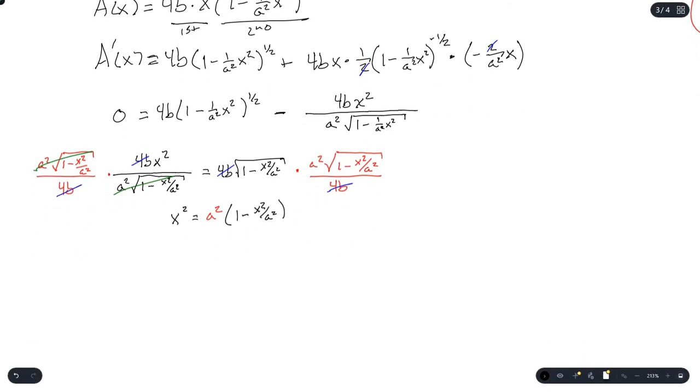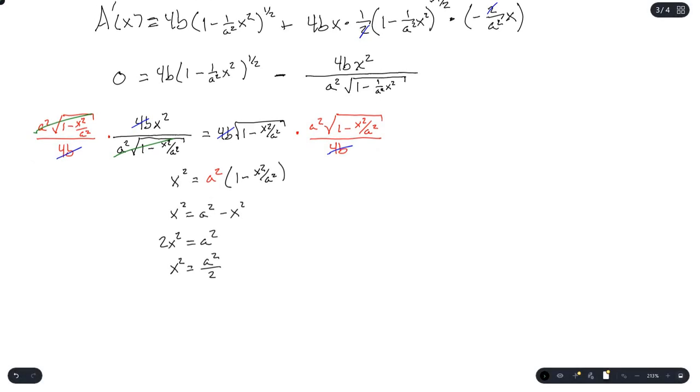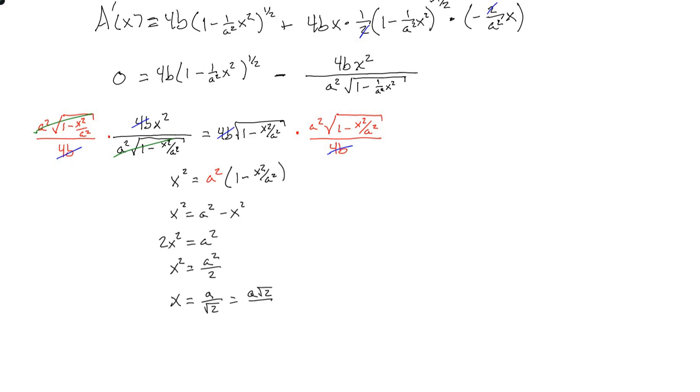And that's really nice because now we have x squared equals a squared minus x squared. We can add this x squared to the other side and get x squared equals a squared over 2, or x equals a over the square root of 2, and if we rationalize that denominator, a root 2 over 2.